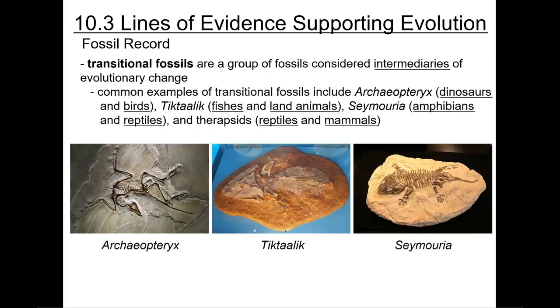Transitional fossils are going to be a group of fossils that are considered intermediate in the evolutionary change. Common examples of transitional fossils include dinosaurs and birds, Tiktaalik, which are the fish and land animals, the Seymouria, which are the amphibians and reptiles, and the therapsids, which are your reptiles and mammals.